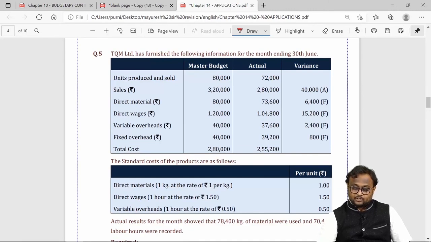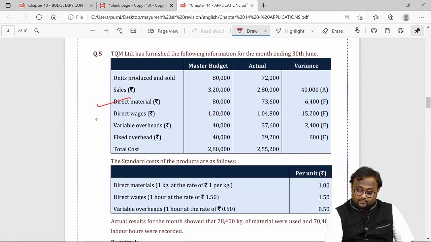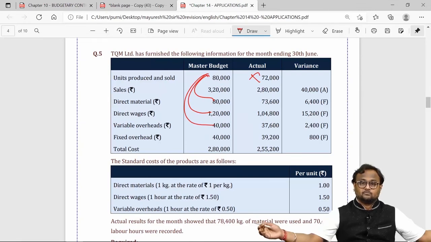Exactly similar calculation. For that, material per unit, labor per unit, variable overhead per unit will remain the same. So simply calculate per unit, per unit, per unit, and simply apply that on 72,000, and your work is done.